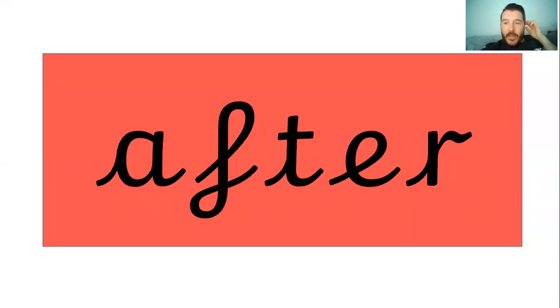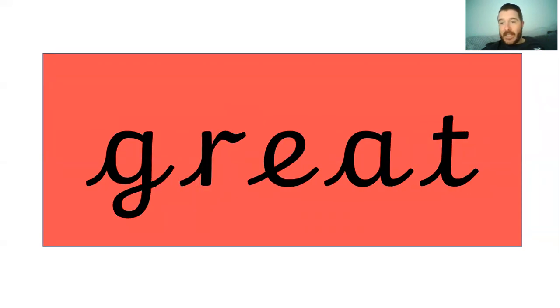Next one, what's this word? That's right, after. Now that's not really a tricky word anymore because we know our er sound comes at the end of a two-syllable word. After. What's this one? That's right, it's great. What's the tricky part in great?